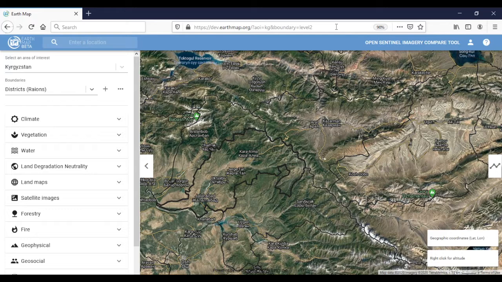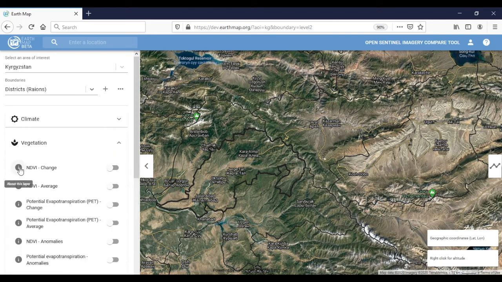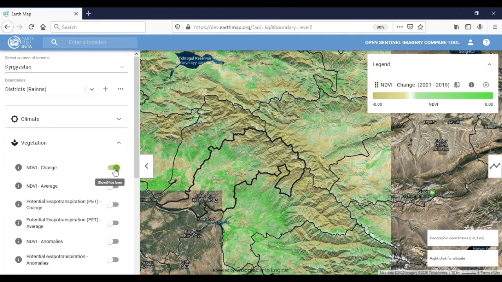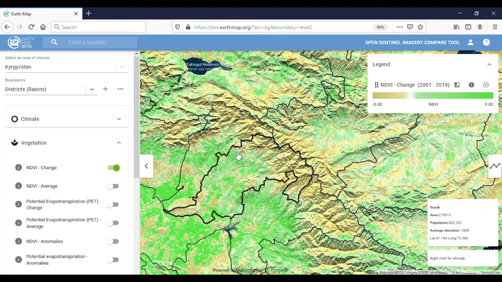After activating the NDVI change layer, which can be found under vegetation, NDVI change, we will see, reading the legend, that vegetation intensity has declined in some parts of Susak.